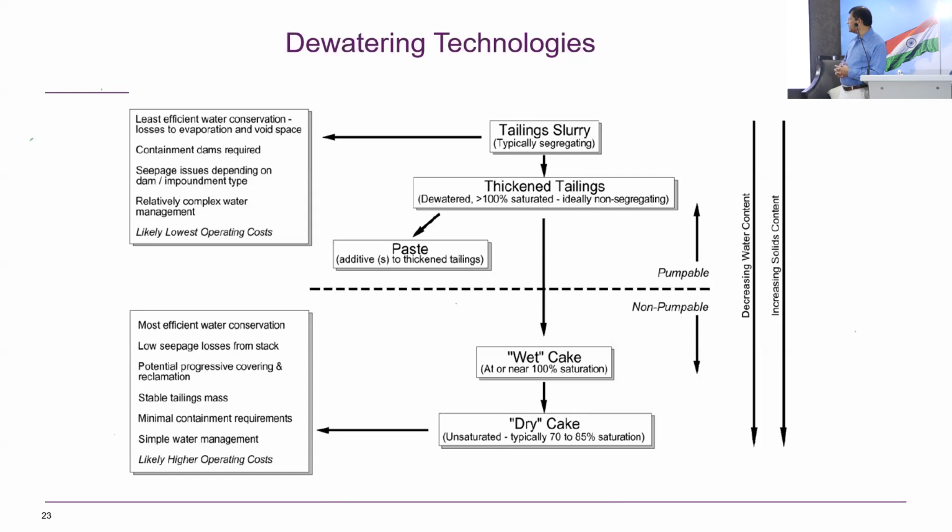Even a liquefaction failure, like what you saw in Brazil, which can go to the river and go further, will be prevented in the dry stack. It can still fail, like we have seen some dry stack failures, but it will not be devastating, it will not go that far. So this is for the next generation, and the dry stack technology is coming.